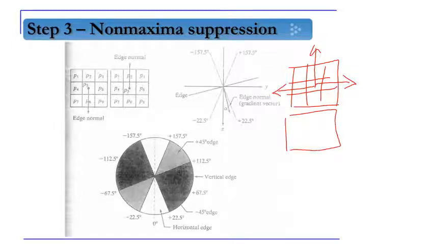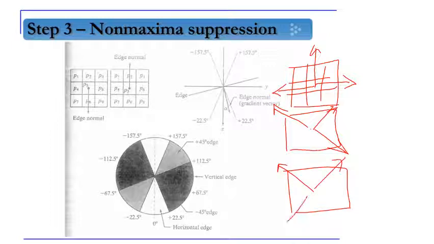If my actual edge direction is plus 45, I will get the edge normal in either of these directions, and if the actual edge is present in the minus 45 direction, I will get the edge normals, or gradient direction, in plus 45 in either direction. So first I have to fix four directions.